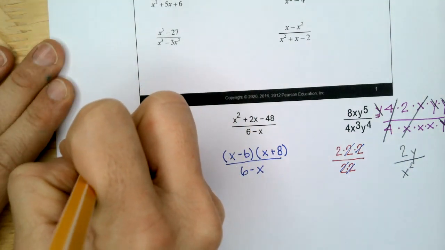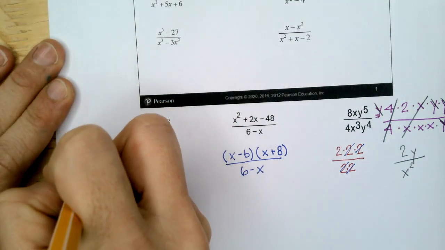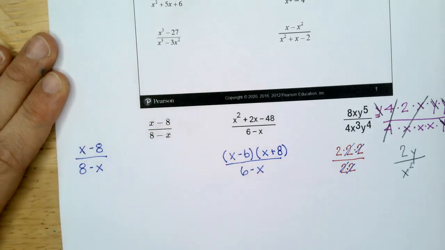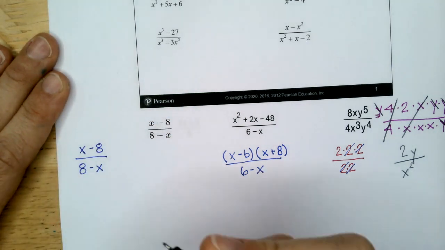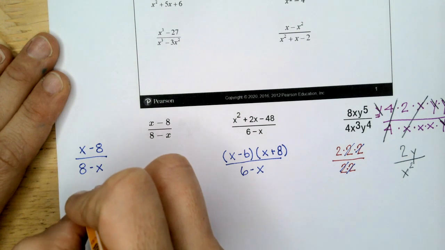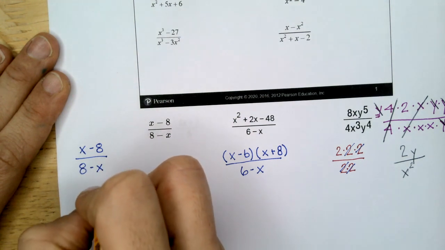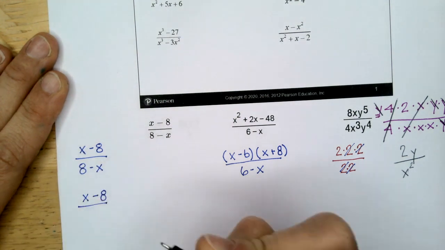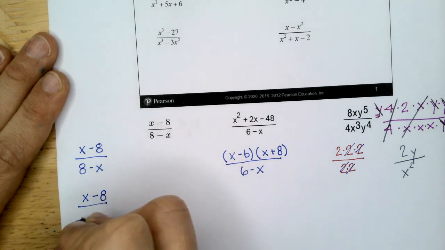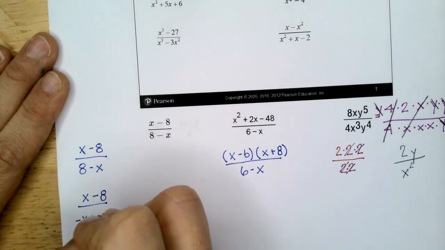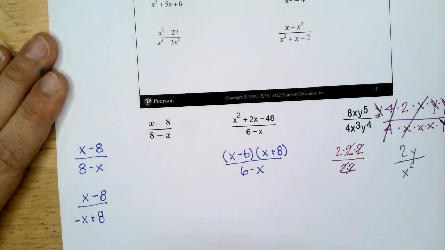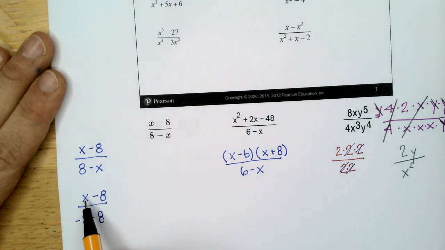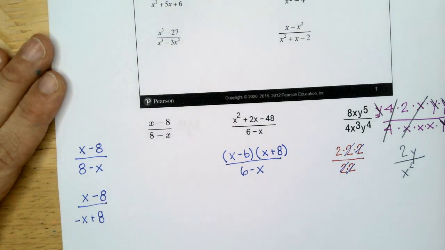X minus 8, 8 minus x. X minus 8, I'm going to line them up better, okay? That's a negative x, that's a positive 8. So I have the right numbers, but this one's positive, this one's negative, this one's negative, this one's positive.